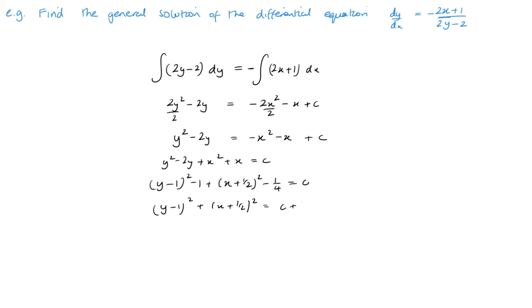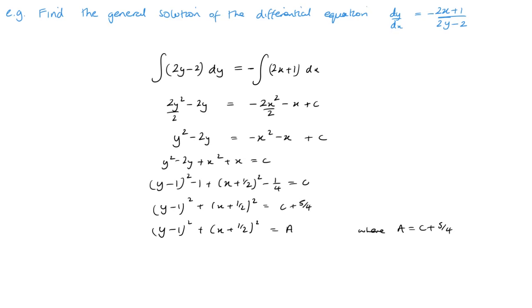So c plus 5 quarters. And then y minus 1 squared plus x plus a half squared equals a. We'll call it constant a, where a equals c plus 5 quarters.